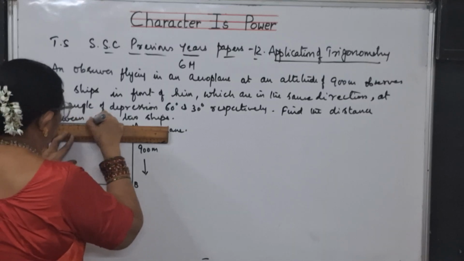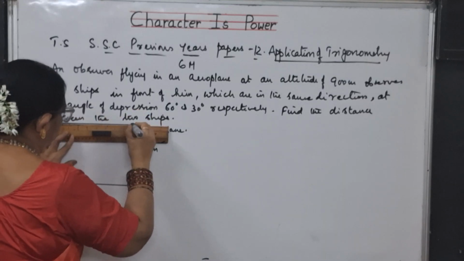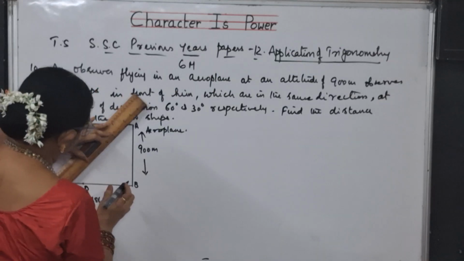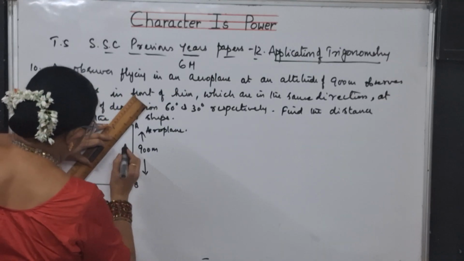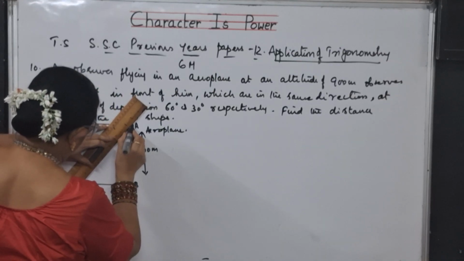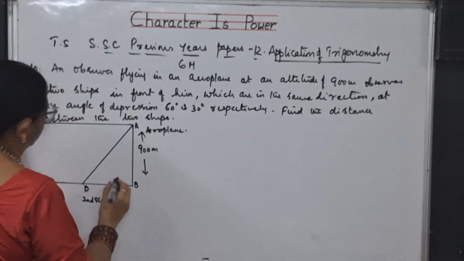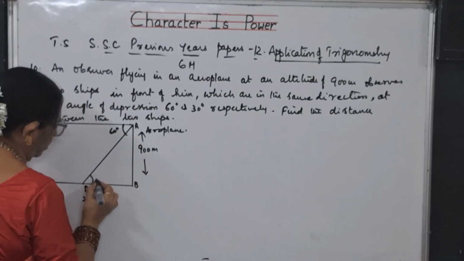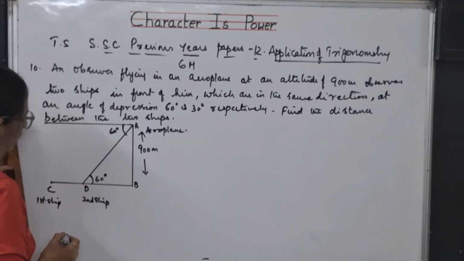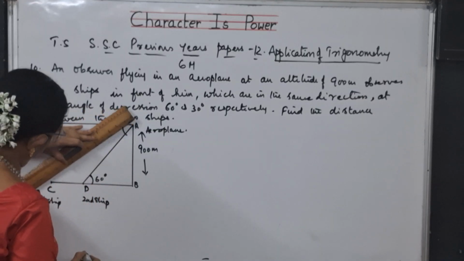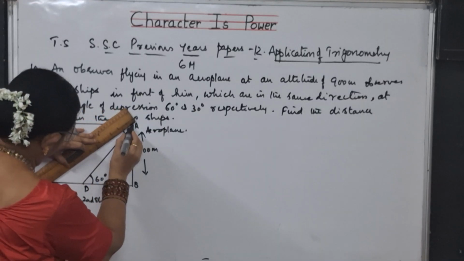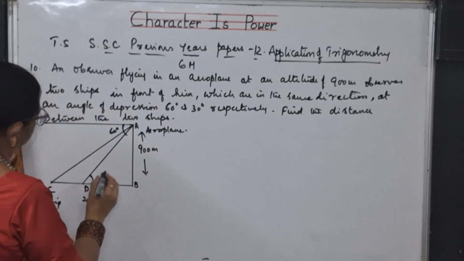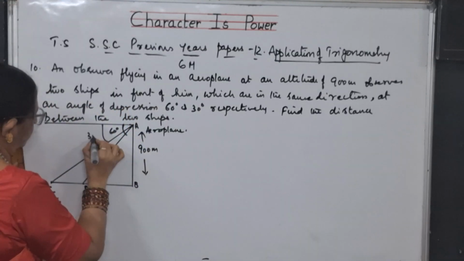So angle of depression means I should draw this line. Now this is the angle of depression. This will be 60 degrees. So here it is 60 degrees and this is 30 degrees.